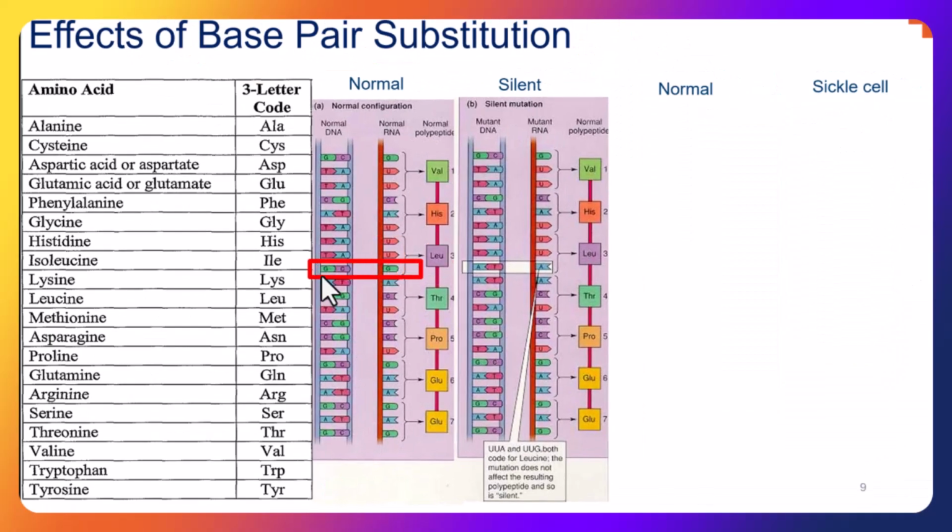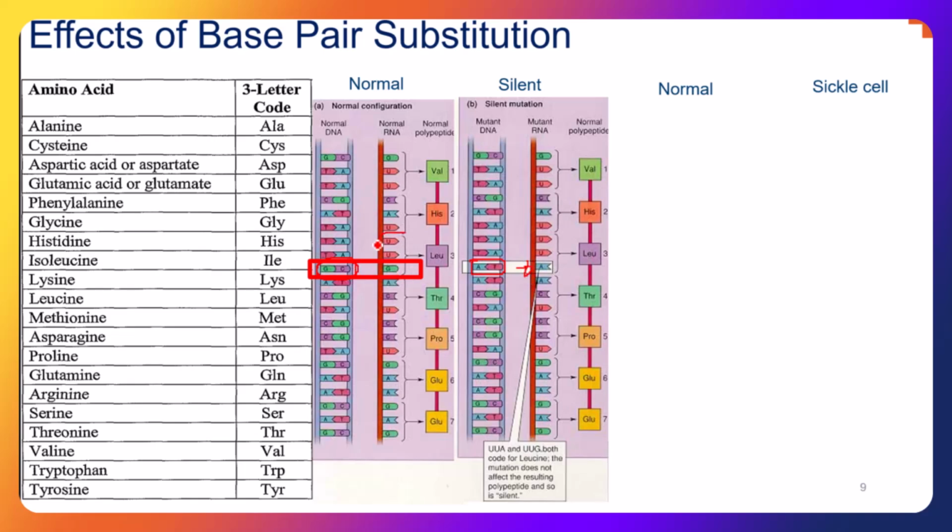So in this example, with a base pair substitution, if in DNA we get rid of this GC base pair and substitute it with AT, so kick this out, insert this, then when mRNA takes a copy, now it's matching with thymine, so the copy for mRNA for this section is adenine instead of guanine.